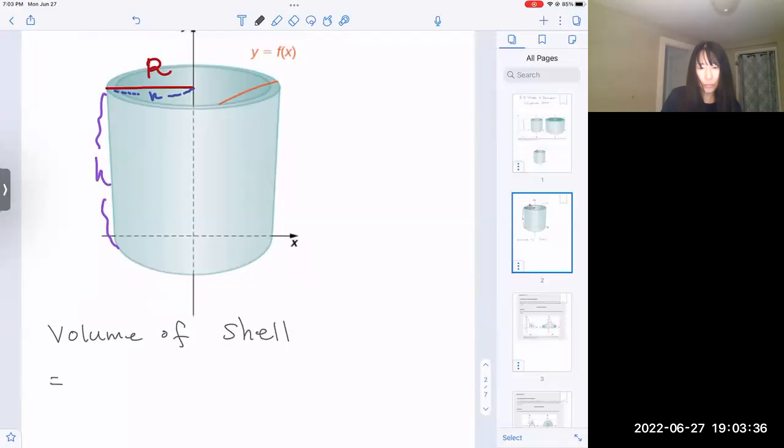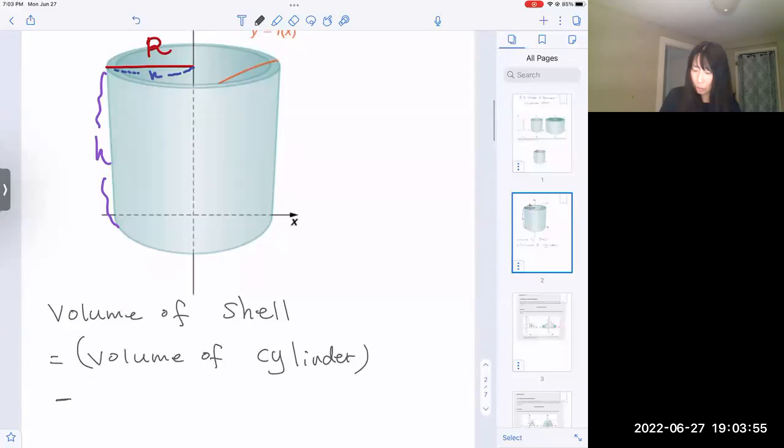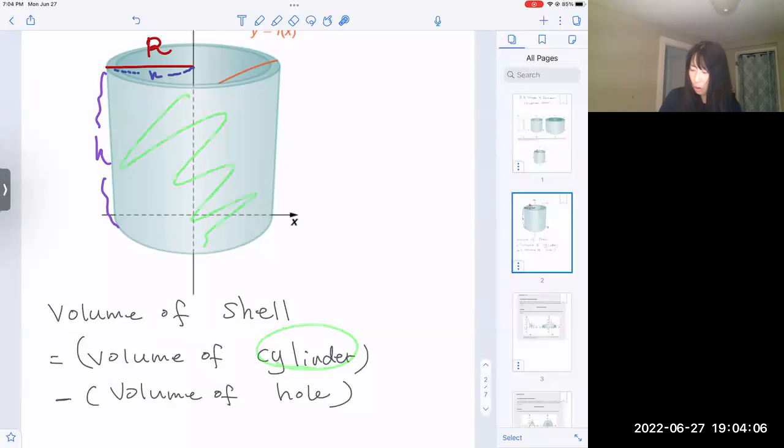Then look, we will have the volume of a cylinder. And look, outside there is a cylinder, right? And subtract the volume of the hole inside. So the cylinder is outside and the hole is inside here.